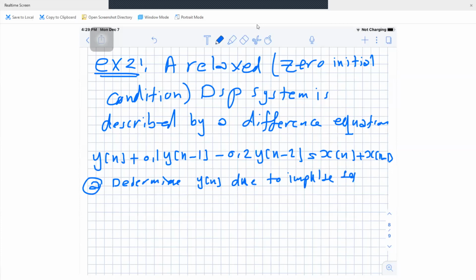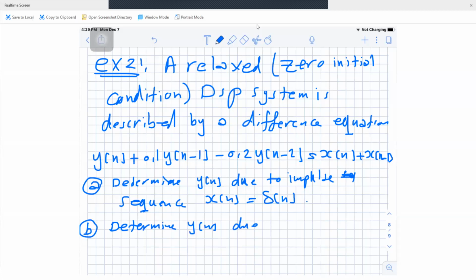Due to impulse sequence x of n equals to what? Equals to delta of n. And second, B, in the second branch, again, we are going to determine y of n due to x of n equals to u of n.